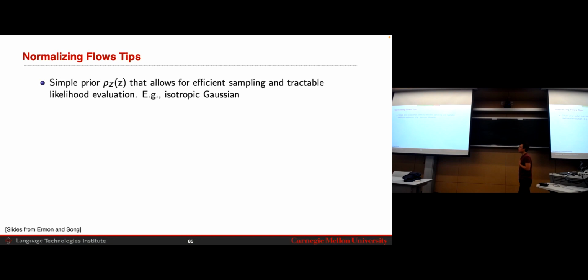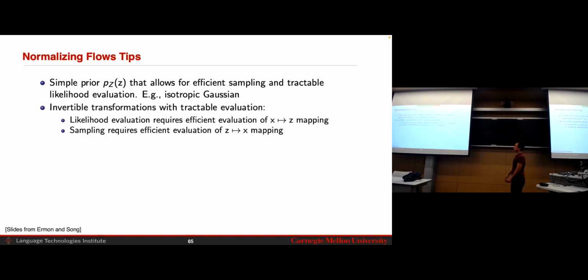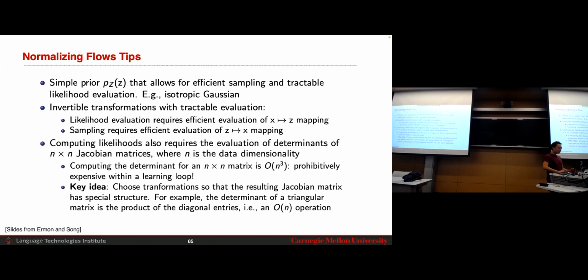And there are some general tips, right? You first want to start with a simple prior, for example, an isotropic Gaussian. The biggest issue is that you have to define these invertible functions, and also you want invertible transformations where you can compute the Jacobian pretty easily.